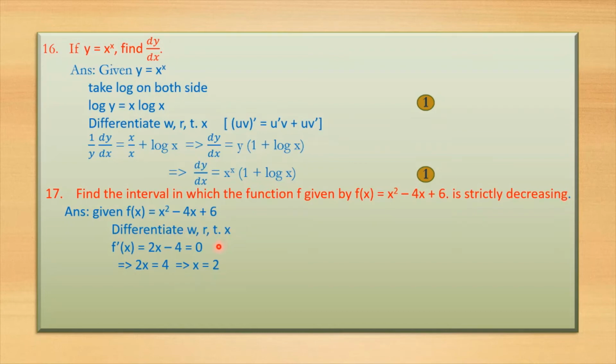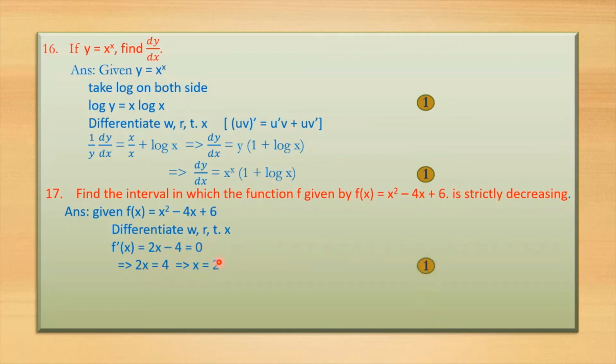When you differentiate this, I will be getting f dash of x is equal to 2x minus 4. Now we have to equate this to 0, to get the value of x where it makes a break, or where it makes an interval. So when I equate this to 0, I will be getting x value 2.